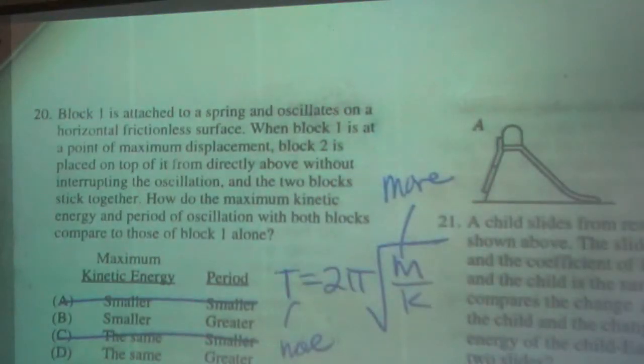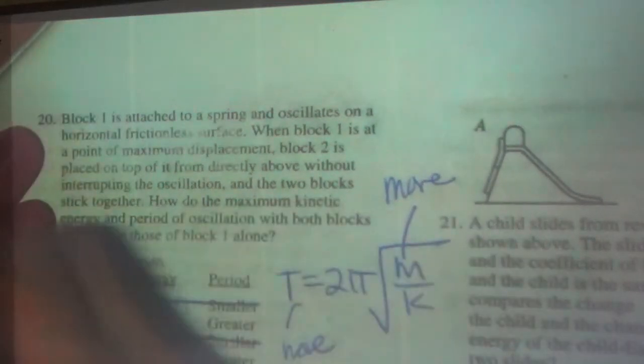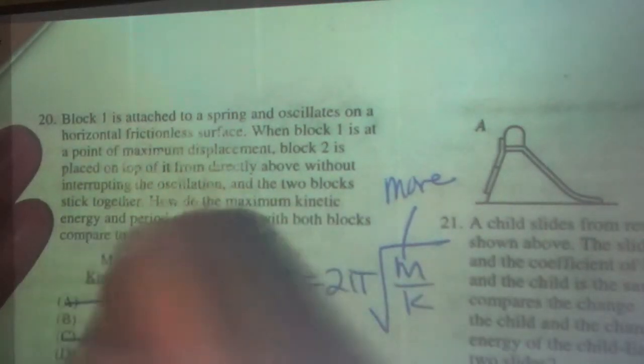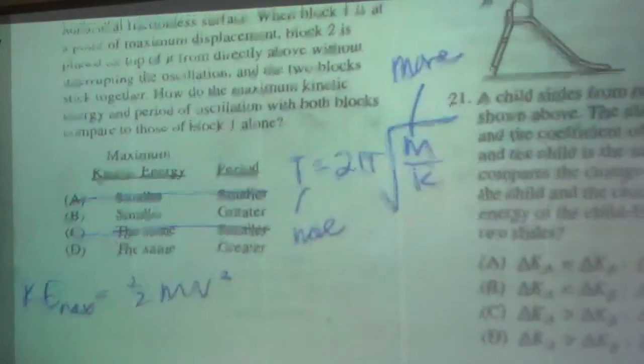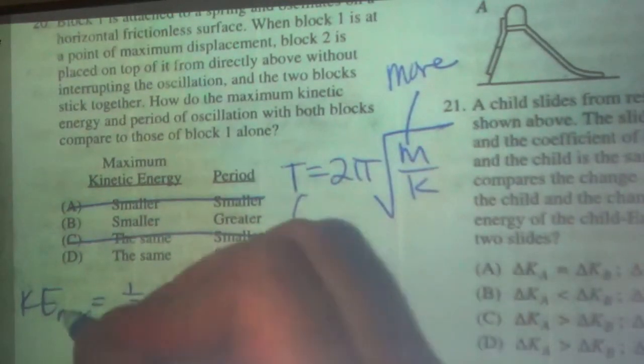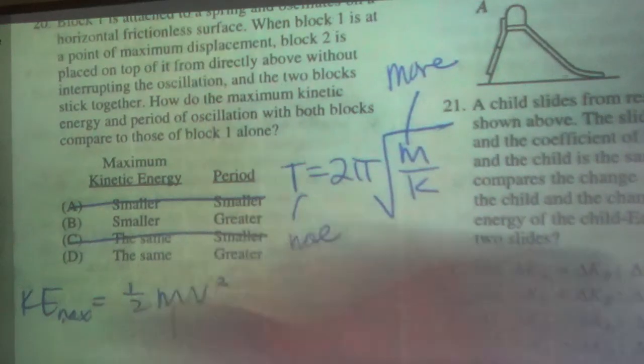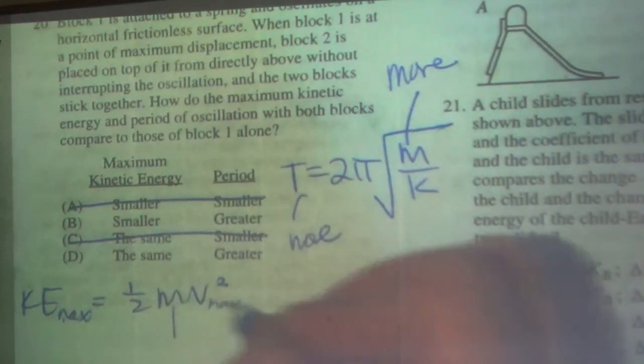Now, what happens to the maximum kinetic energy is a little bit trickier. What a lot of people want to do is they're like, okay, kinetic energy is 1/2 mv squared. And if your mass increases, then that would increase the kinetic energy if your maximum velocity stayed the same.